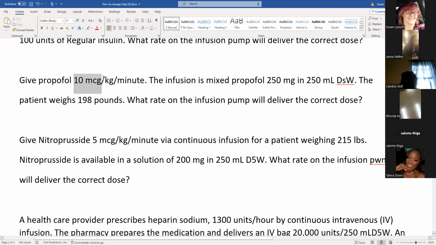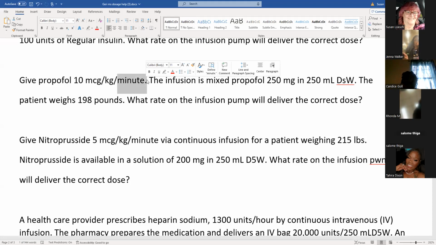Micrograms. I'm sorry, I wasn't using the cursor. And you have to end up in milliliters per hour, and your order is per minute. Okay? So just a couple conversions that you have to do there to get those numbers to where you need them to be. So this is what I want you to write down.